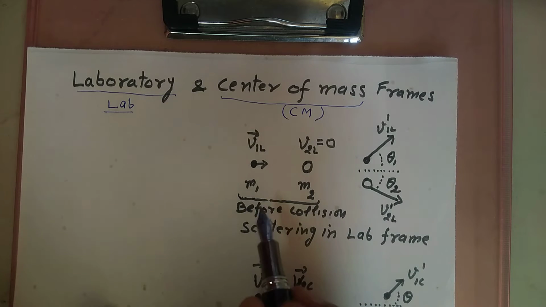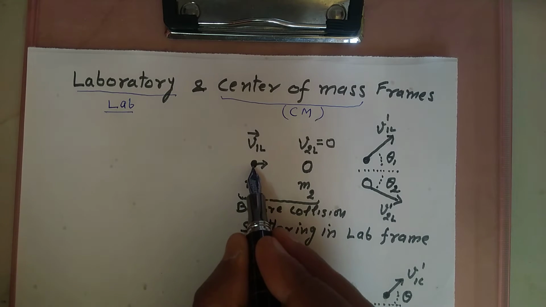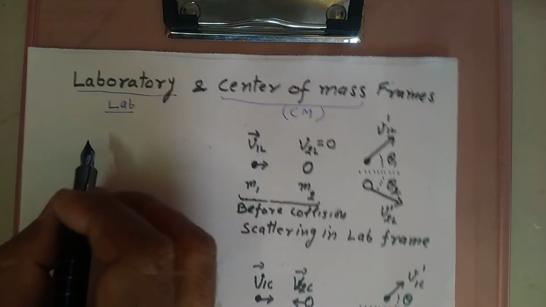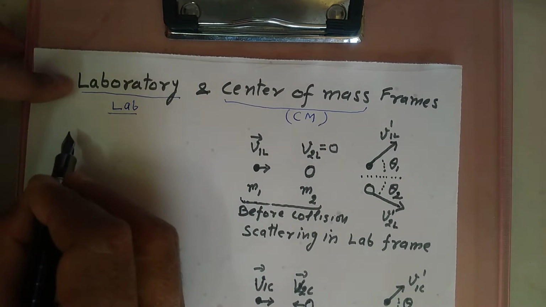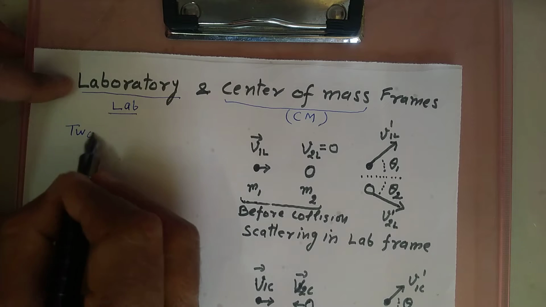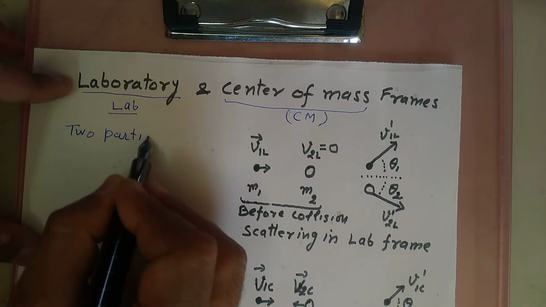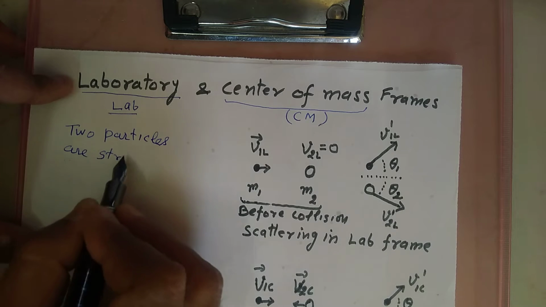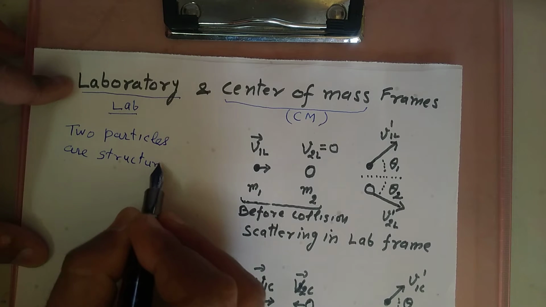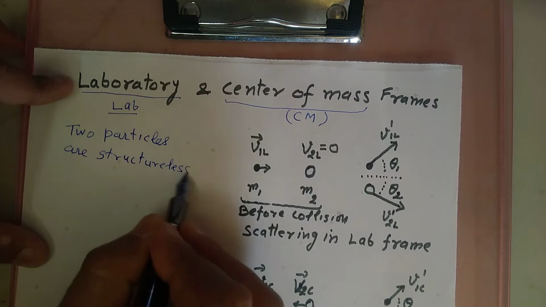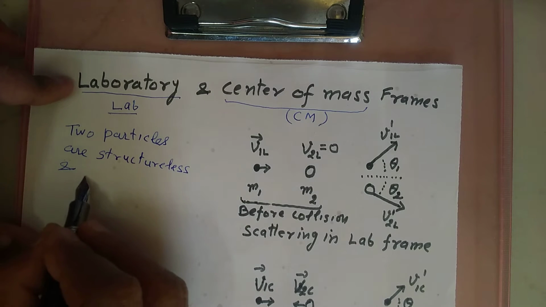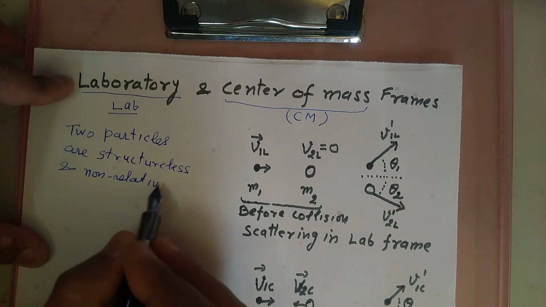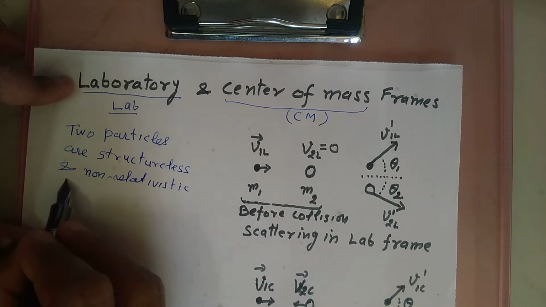the two particles. Here one particle is M1 and the other is M2, and these two particles are structureless and non-relativistic particles.